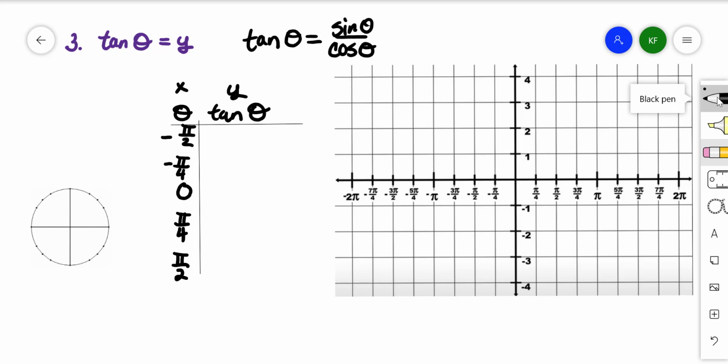So what I like to do, and I don't care how you do it, but in my opinion, it's faster to do it off the 30, 60, 90 triangle and then use the All Students Take Calculus. Now, the way I'm doing it is a little dangerous because students sometimes miss the signs. The All Students Take Calculus is the only thing that I would say makes this one a little bit difficult.